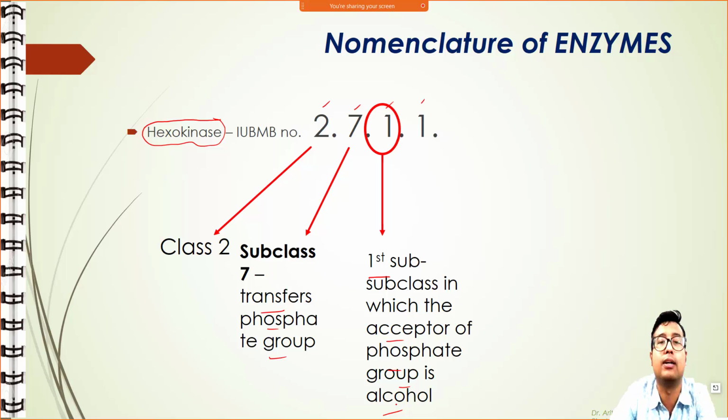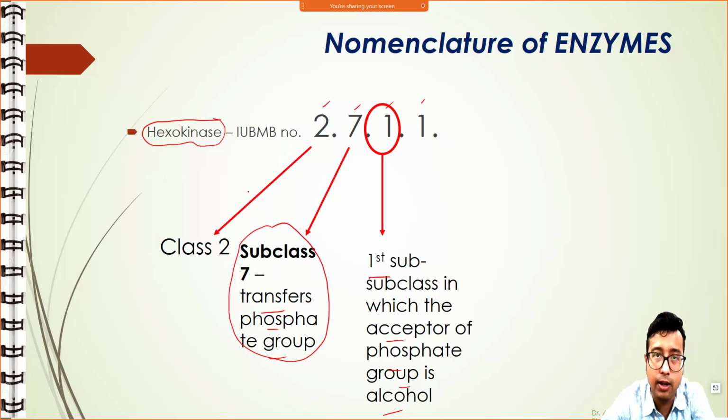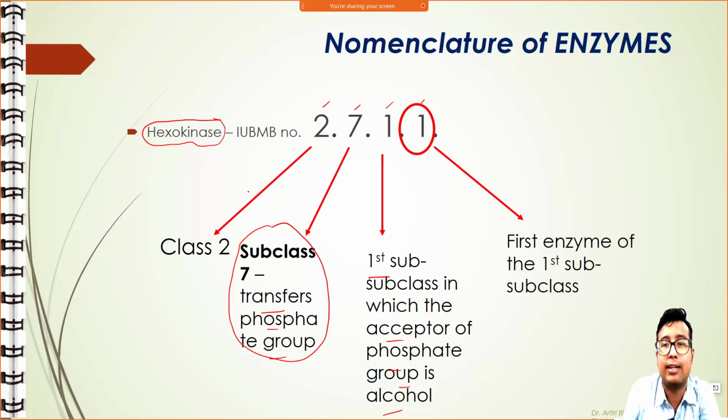So the acceptor is actually an alcohol. So that class of enzyme not only transfers the phosphate group, the transfer actually happens to an alcohol group. And there are multiple types of enzymes doing this, so we need another number. So that is the first enzyme of that subclass.